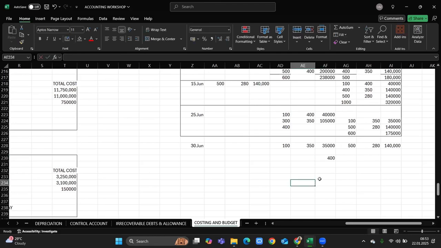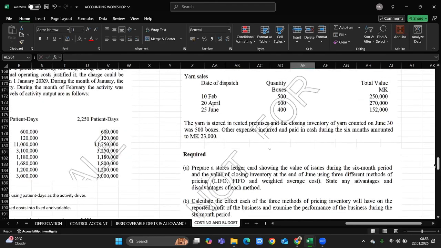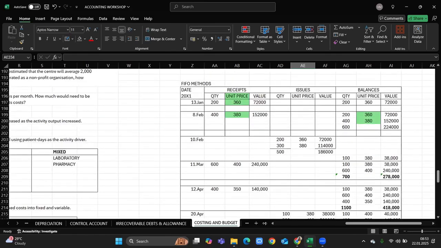Here we have 100, here we have 500. So when I total, it will be 400 boxes. But my question is saying what? June 30 was 500 boxes. So I have 100 boxes different. So this should be treated as a stock loss.